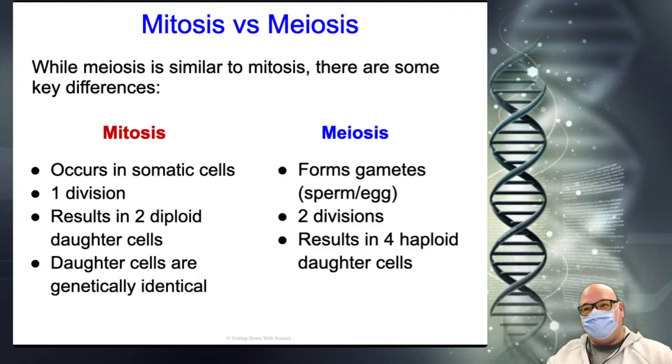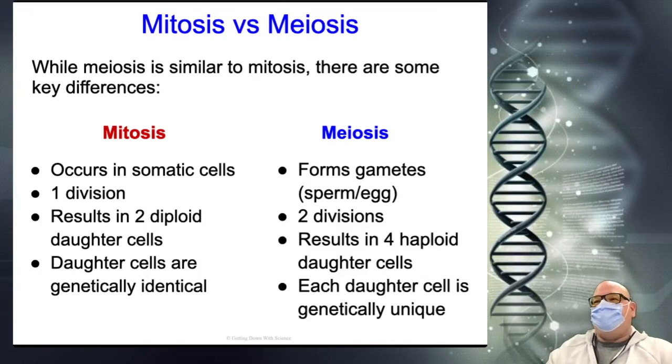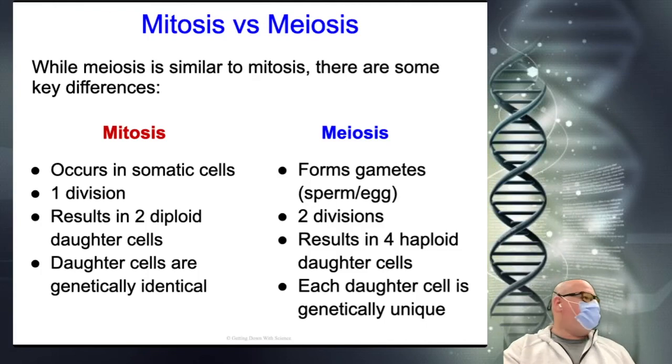Sometimes 2, and that's where you'll get things like twins. But most of the time, just one egg develops because humans are not the greatest at carrying multiple babies. Every single sperm and egg cell is genetically unique. This is why, again, you don't look like your siblings because these are all genetically unique.